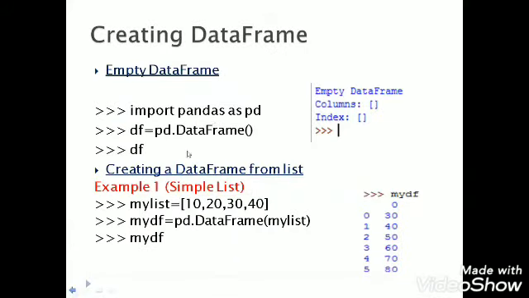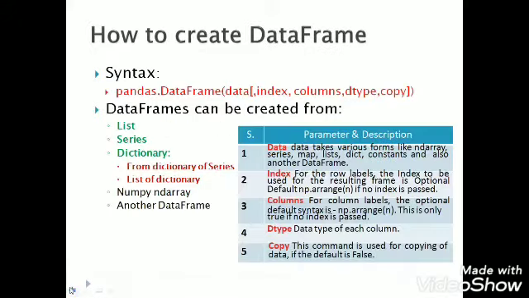So for the DataFrame function, what we write, first we import our library, that is pandas, and after importing pandas we will write DataFrame. Here one thing you have to take care, the D, that means the first letter of data, and the first letter of frame are capital. So this you have to keep in your mind, that in DataFrame D is capital and then F is capital and the rest are small.